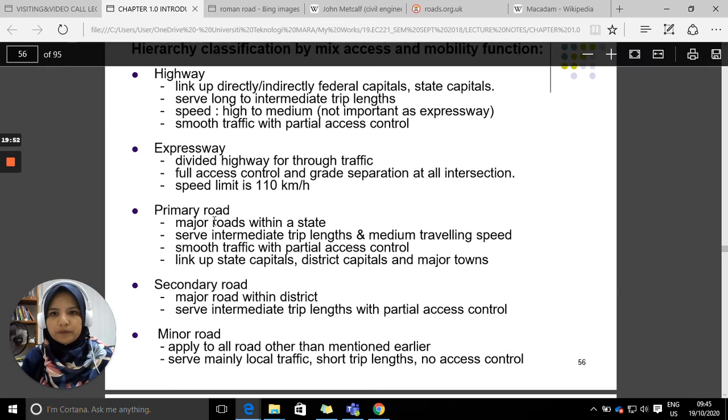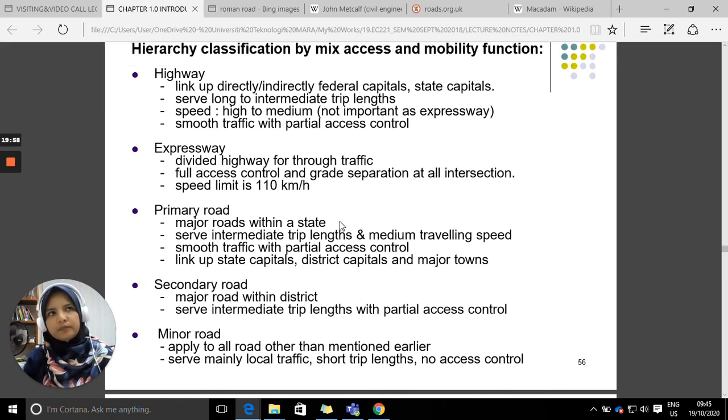Okay, primary road, the major roads within the state. Maybe in Penang, you can see Jalan Baru Krai. That is a major road within the state. It serves intermediate trip lengths, medium traveling speed, smooth traffic but with partial access control, linking up state capitals and districts.